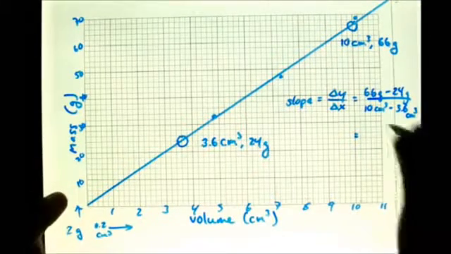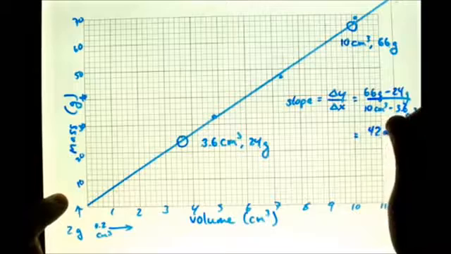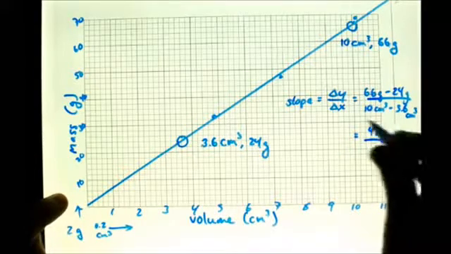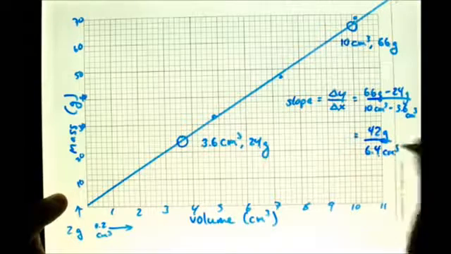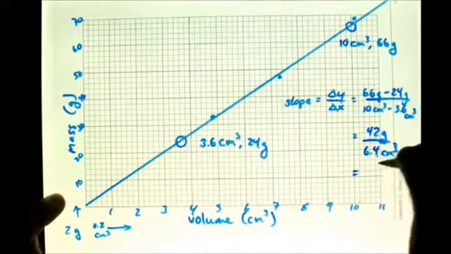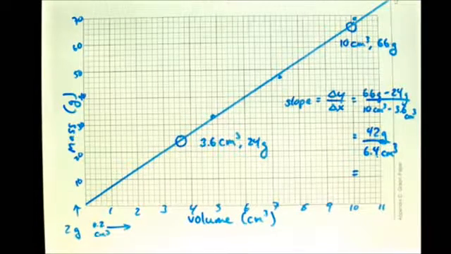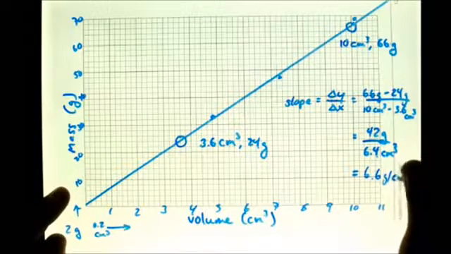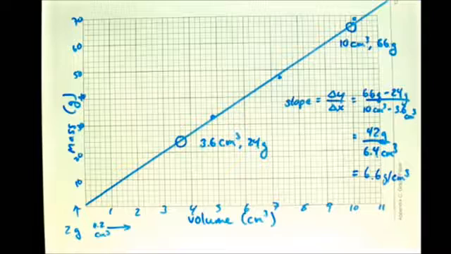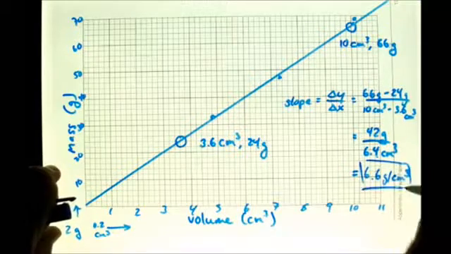And so that gives us 42 grams of change and 6.4 cubic centimeters of change. When we do the division, what we get here is 6.6 grams per cubic centimeter, which actually does match up with the individual data points reasonably well. But this gives us now the entire density based on a slope of a best fit line.